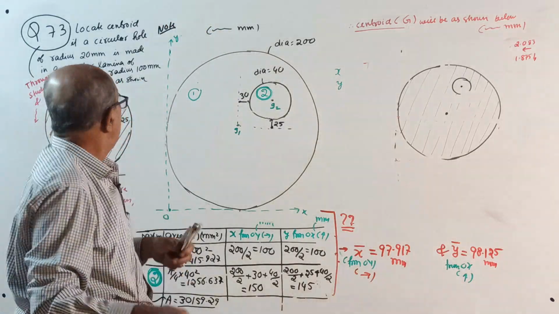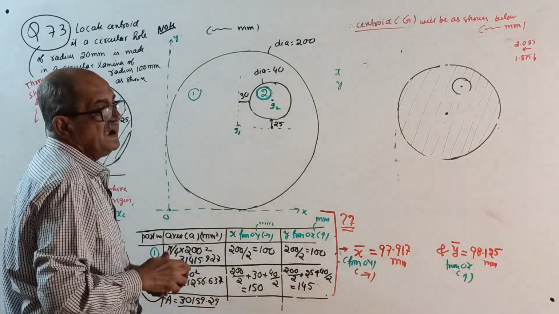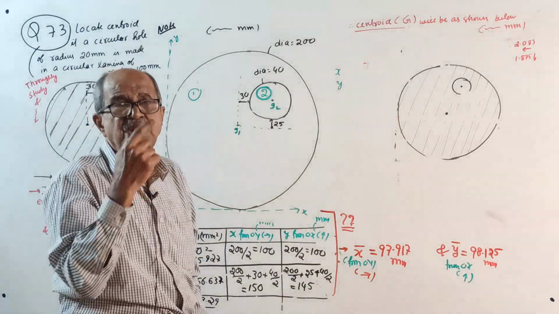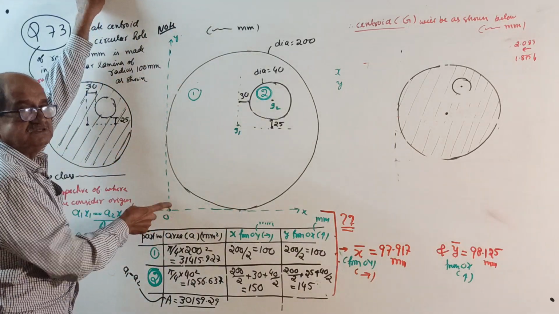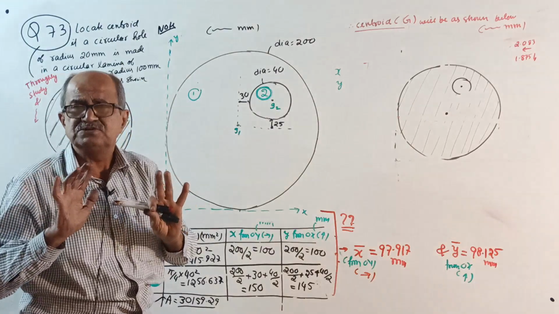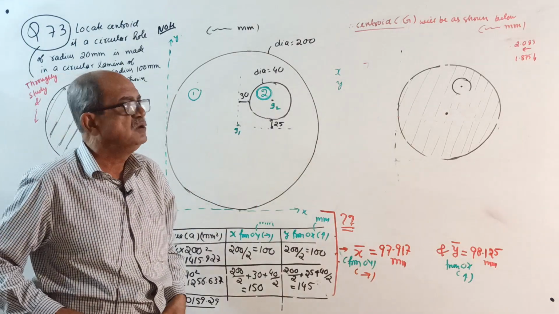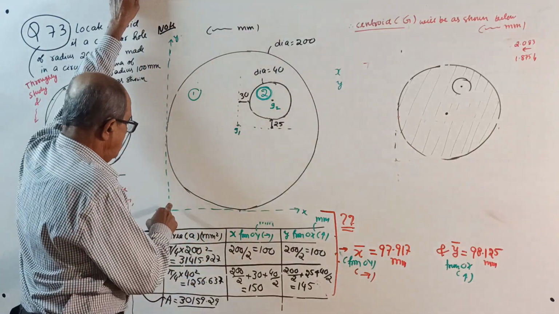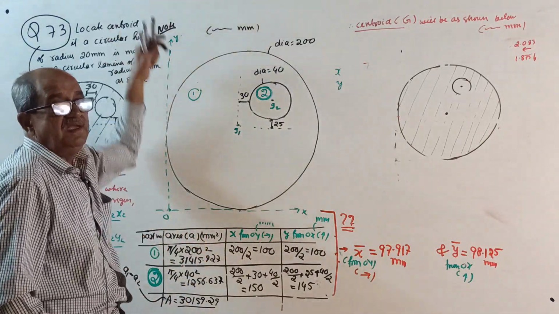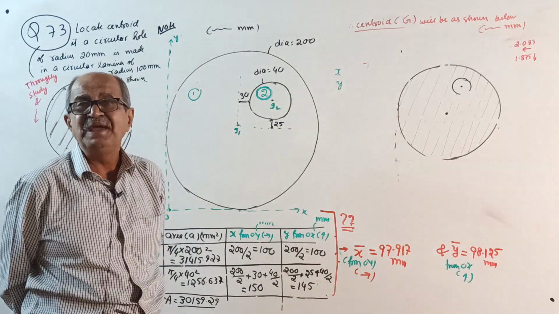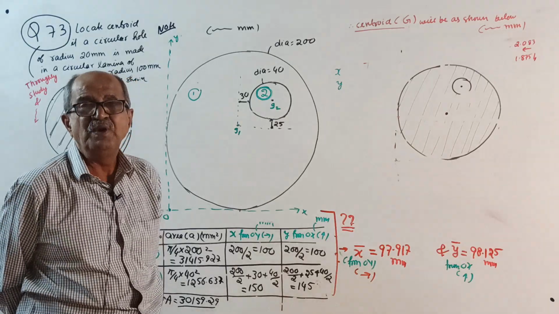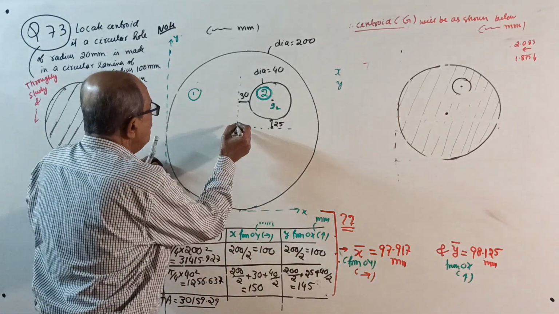What all I dictated, we considered the origin at the bottom left corner, that's all. I won't tell what it is, google it. But if you think a little, you can solve very easily by considering the origin here.